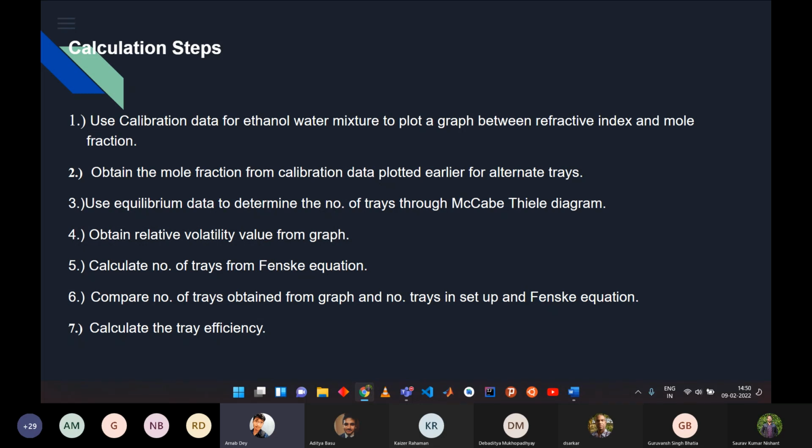In the previous slide we have given the formula for calculating the tray efficiency. You have to calculate the tray efficiency accordingly, and you can also use Fenske's equation to verify that. Fenske's equation for the number of trays we also have provided in the previous slide. Right, that's it.